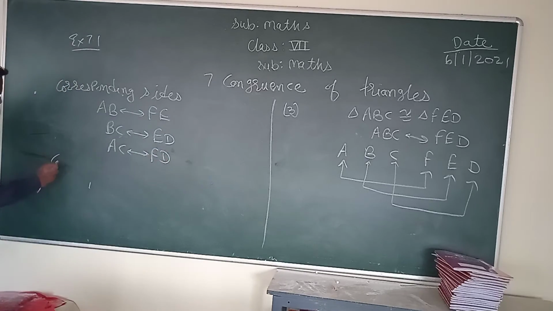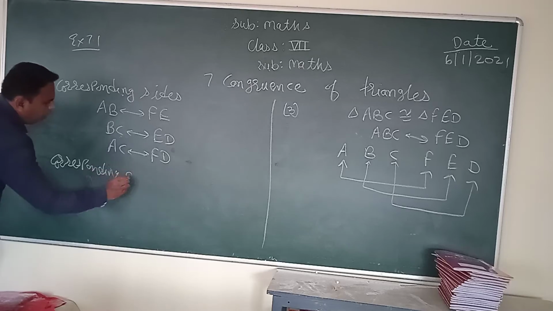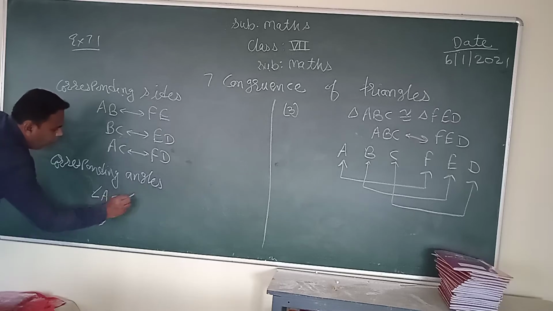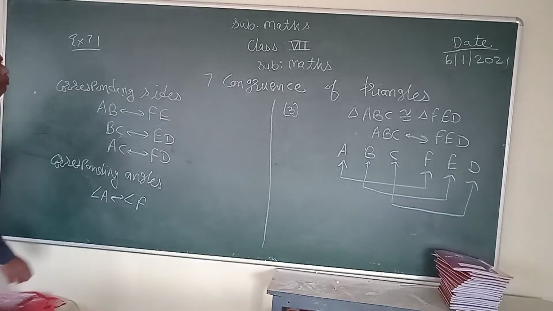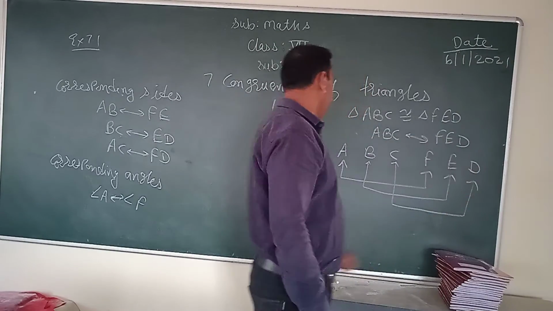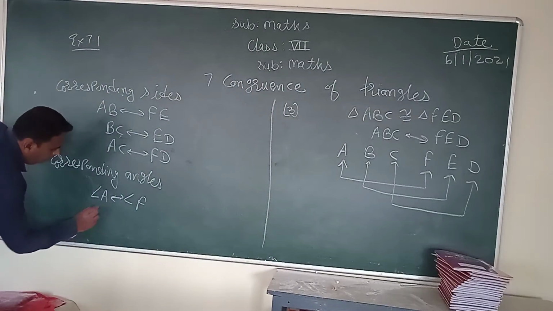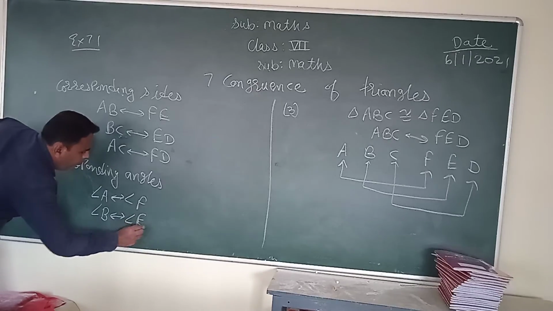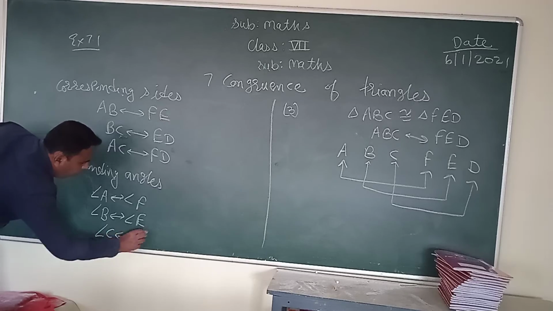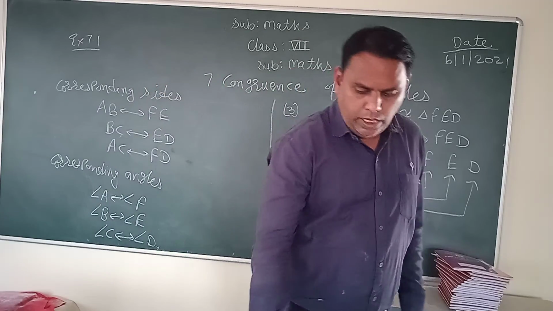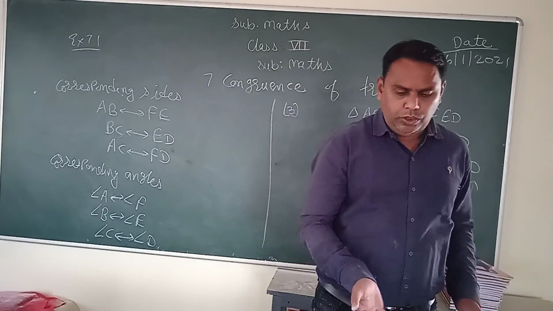And the corresponding angles here: angle A corresponds to angle F, B corresponds to E, C corresponds to D. We write here angle B corresponds to angle E and angle C corresponds to angle D. These are the corresponding sides and the corresponding angles. And then question number 4. This question is homework for you.